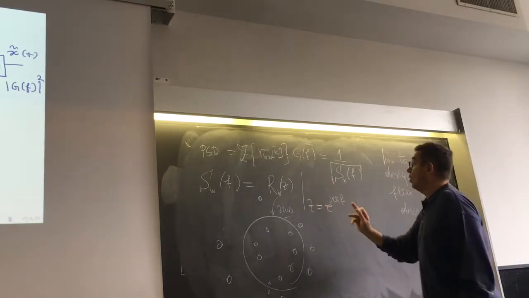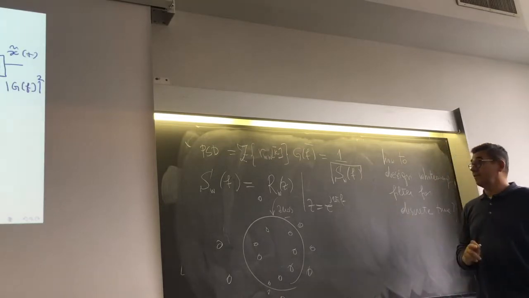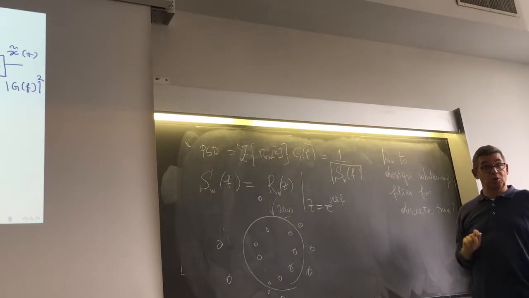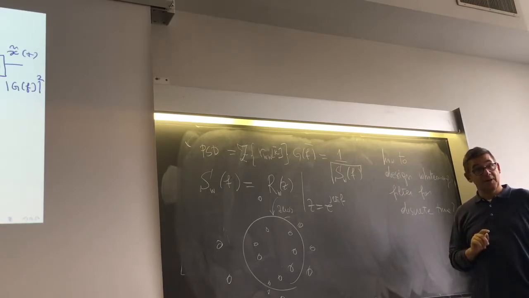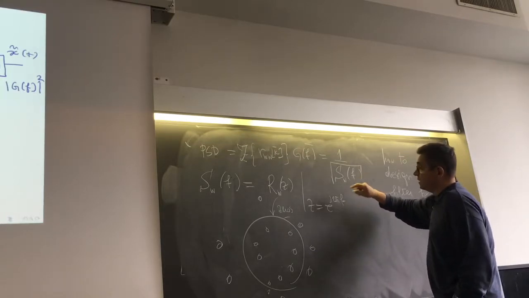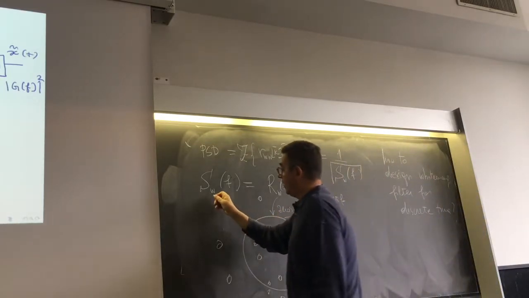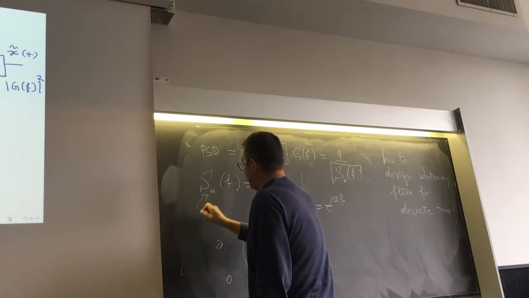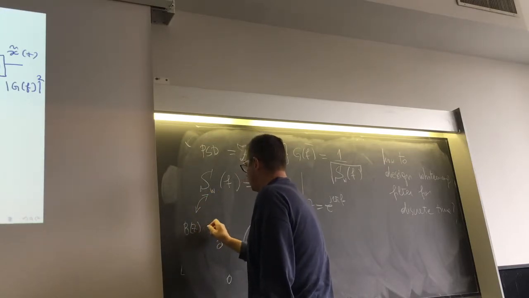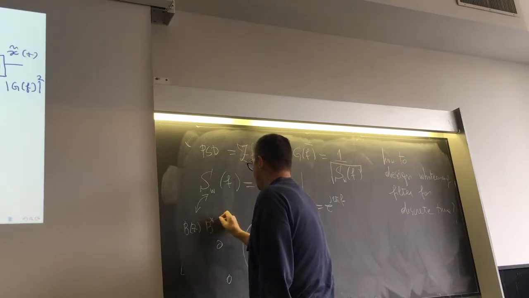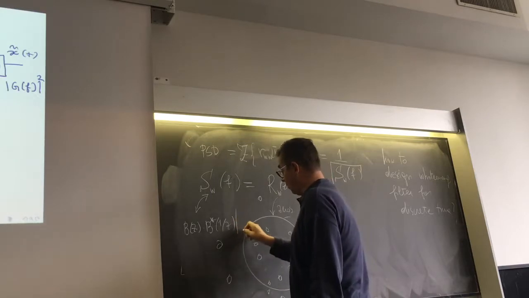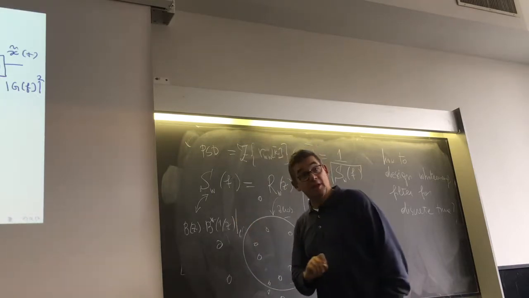So my goal is to make this filter, which is the inverse of the square root of the power spectral density. Okay? So now, what is that? That one can be obtained as a sequence B(z) and another sequence B*(1/z*), computed for z = e^(j2πf).